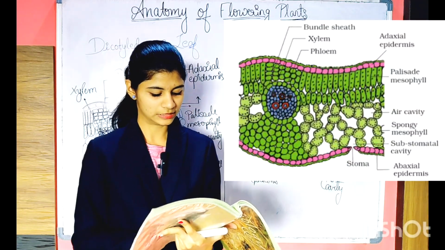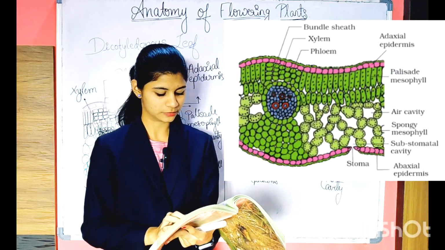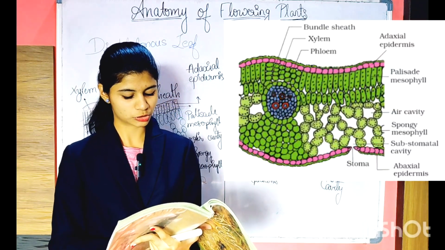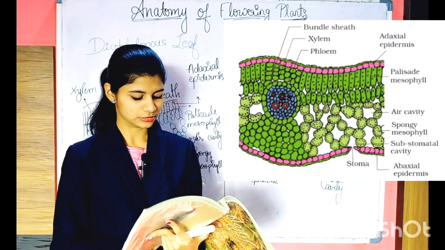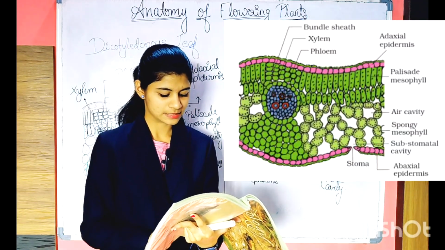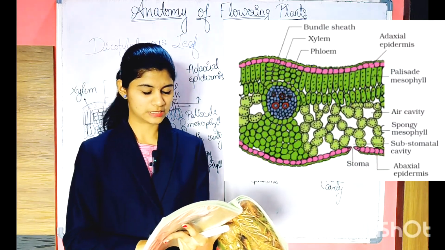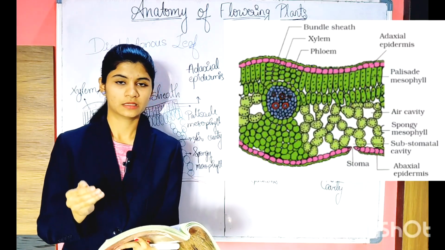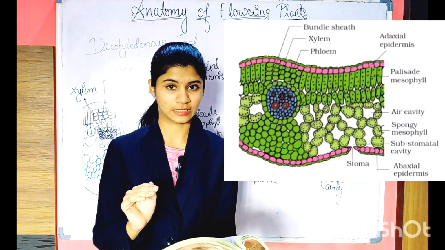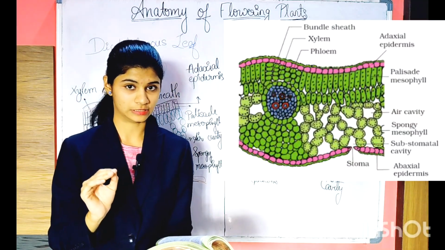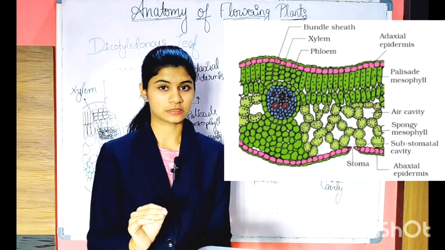Now, the epidermis of the leaf has a conspicuous cuticle. The abaxial epidermis generally bears more stomata than the adaxial epidermis. It means that the abaxial, the lower surface of the leaf, will have a greater number of stomata because of photosynthesis.